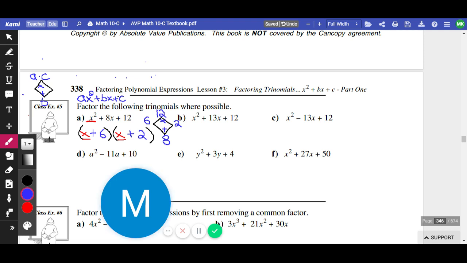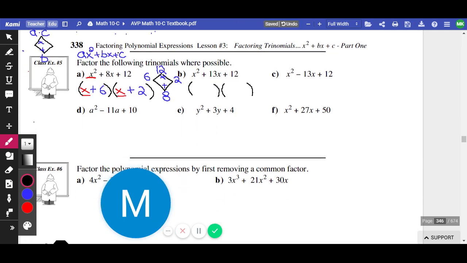Okay, so let's try another example. We have this trinomial right here, x squared plus 13x plus 12. We know when we factor, we're going to get two binomials. We know that the first terms of those binomials create the first term of our trinomial.